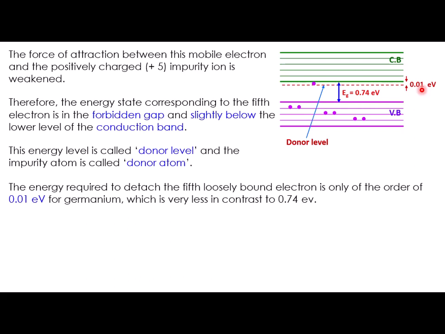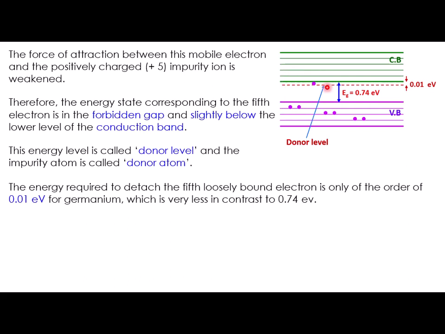That's why it is very easy to transfer an electron from the donor level to the conduction band rather than an electron from the valence band to the conduction band. To transfer an electron from the valence band to the conduction band, we require at least 0.74 electron volt of energy.